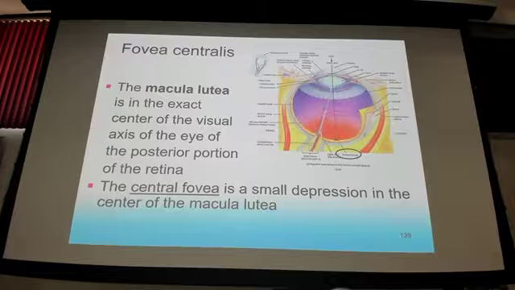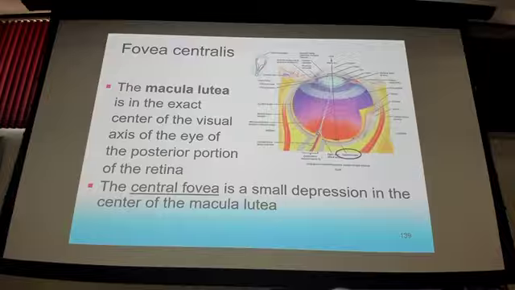The macula lutea, an important area because it is the highest visual acuity spot on the retina. It is the center of your visual axis. In the middle of it, there's an area called the central fovea, or fovea centralis. Okay, so this is the macula lutea. And hopefully, as you'll see later, it's without lesions.